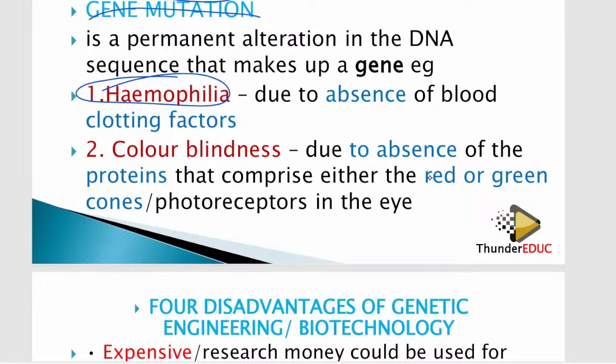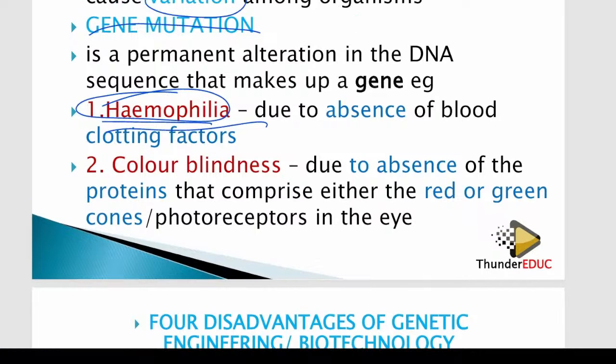If you look at the process of blood clotting, we have a clotting factor. So if that clotting factor is not there, it means that you're going to suffer from hemophilia. When you bleed, the blood just goes out without clotting and can lead to death. So this kind of mutation is harmful because it leads to the death of the organism, or it makes the organism disadvantaged in the population. So it becomes a harmful mutation.